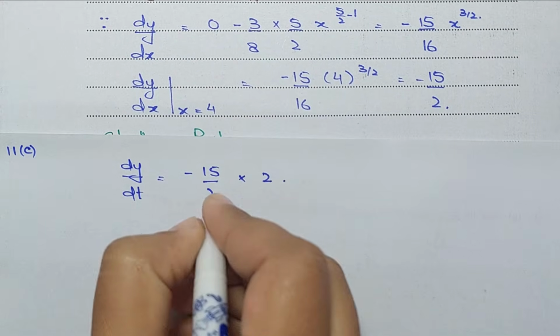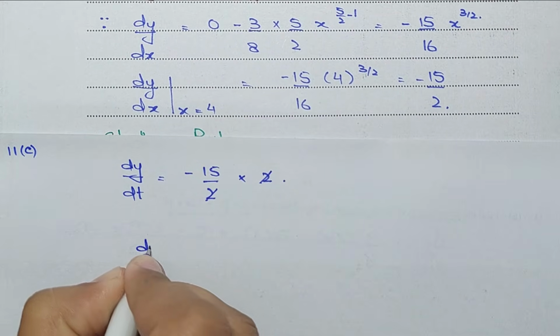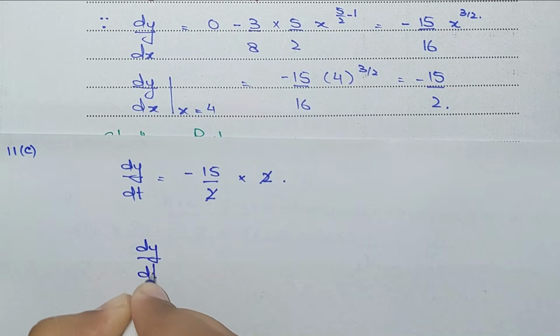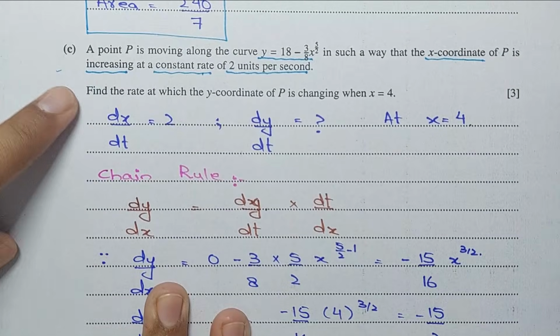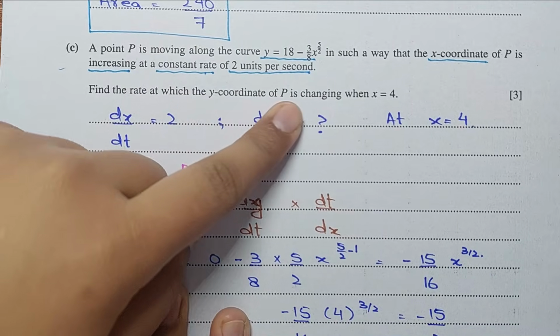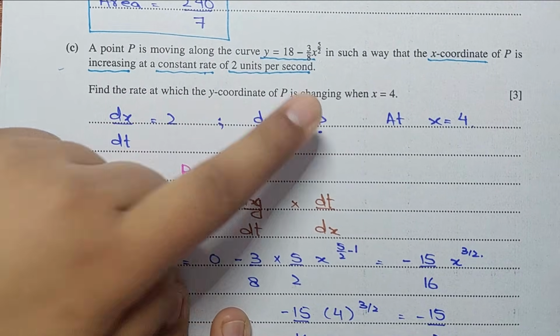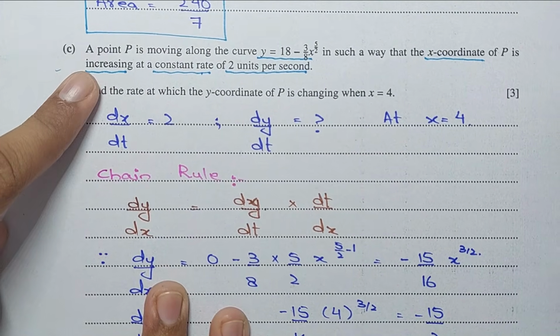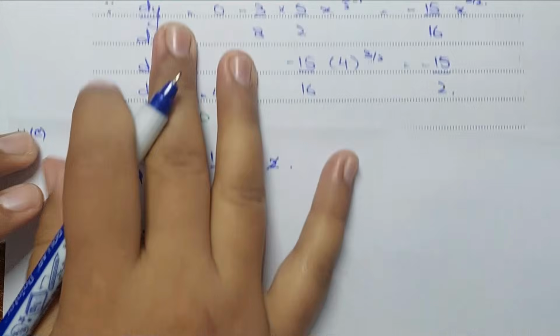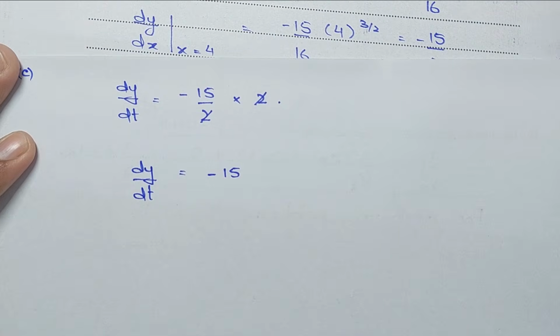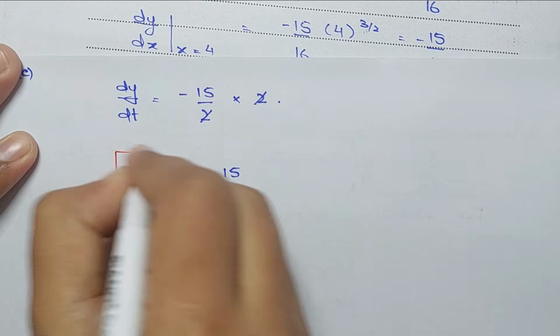So 2 cancels out with 2. So we can say dy over dt is negative 15, because in the question it says find the rate at which the y coordinate of P is changing. So if x is increasing, y is changing in the opposite direction, so it's negative when the x value is 4. So this would be the rate of the y coordinate of P.